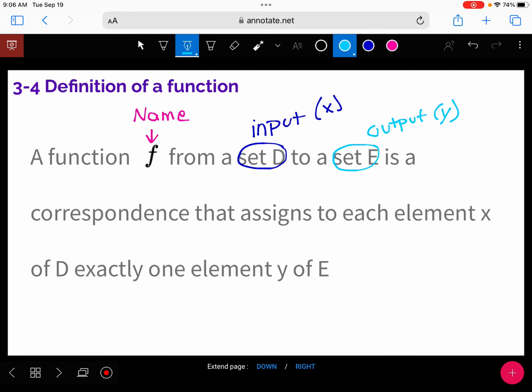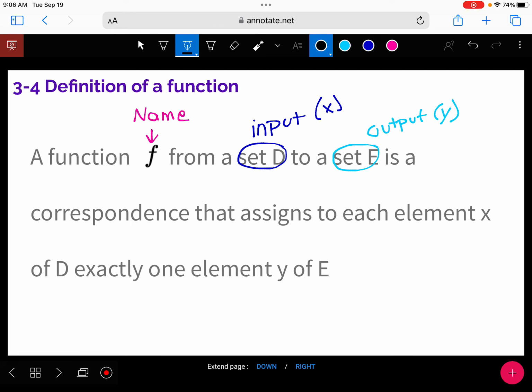Each x goes to only one y. That's what this says. It's just written in ultramath. Each input goes to only one output. Every x goes to only one y.